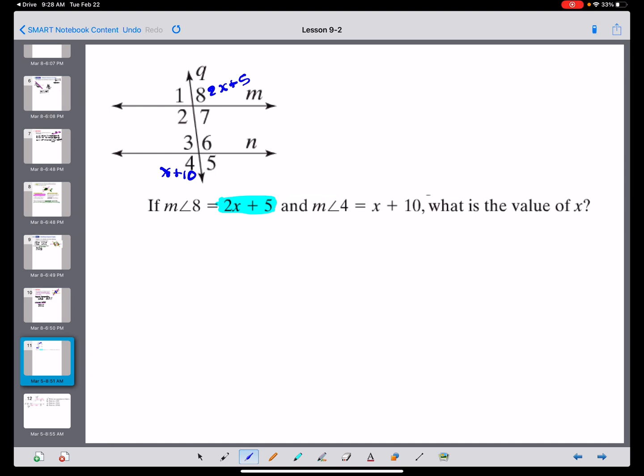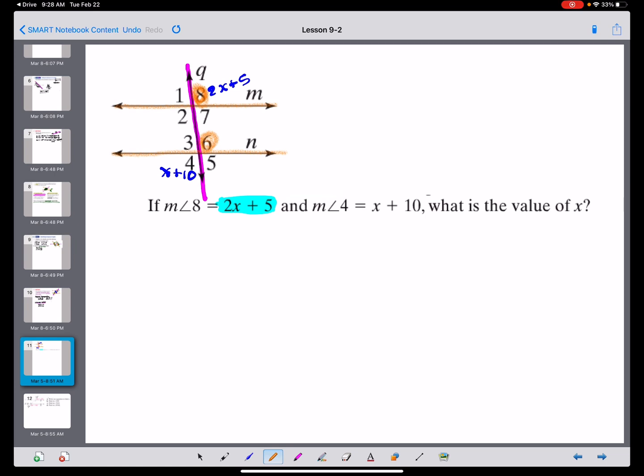Well, the first thing that I am going to do is highlight my transversal. This is my transversal. I am also going to make my parallel lines orange again. Now this is easier for me to see. I see that the measure of angle 8 is the same as the measure of angle 6.